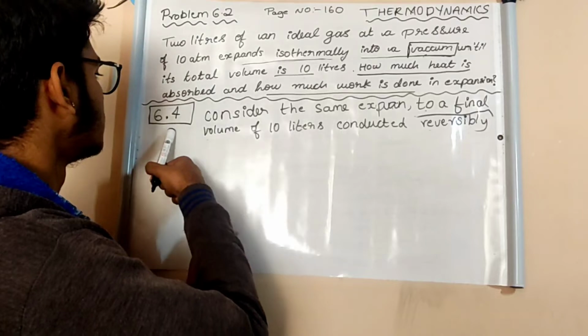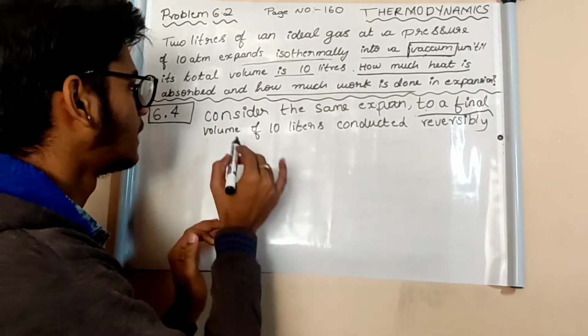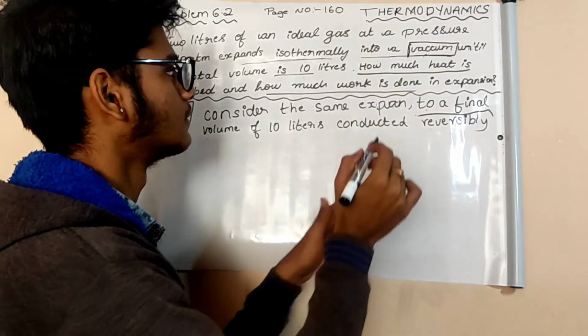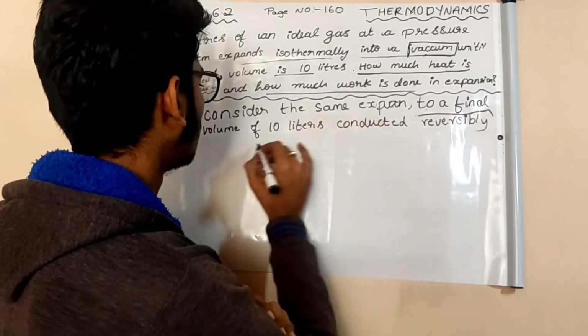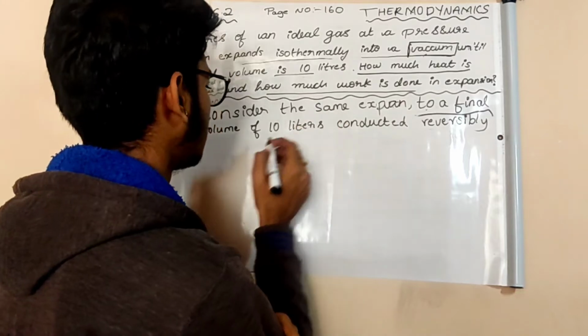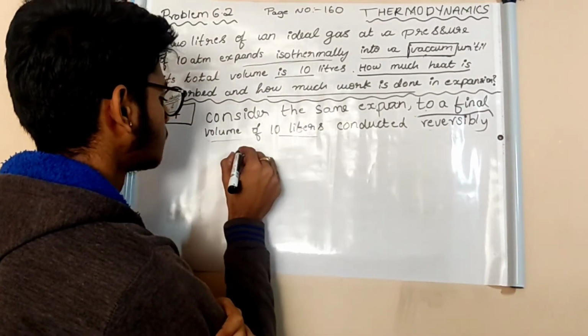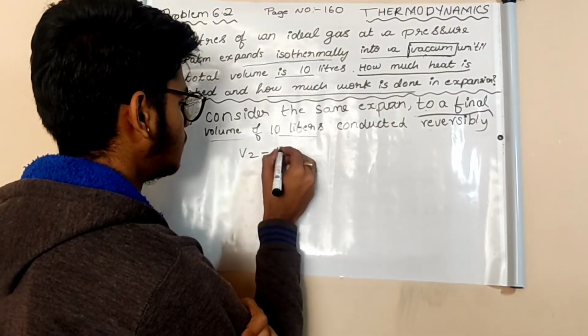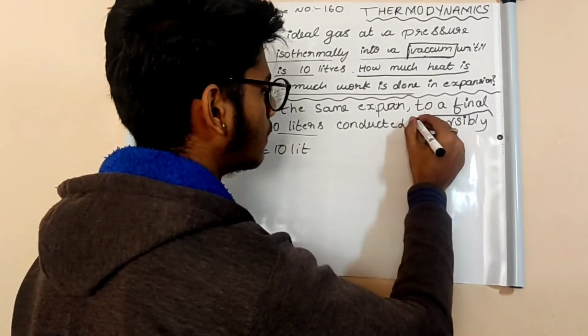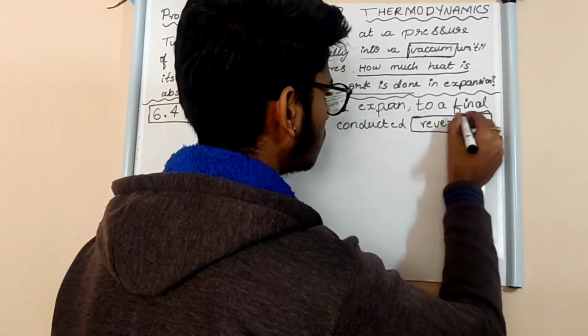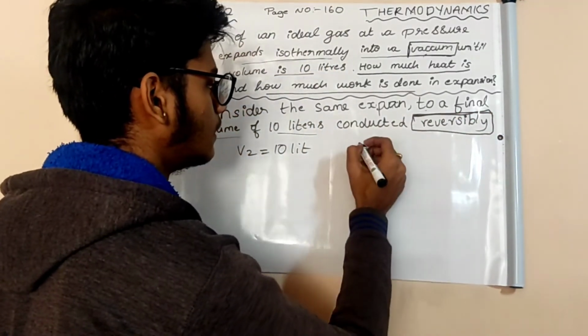So next see this 6.4. The question says: consider the same expansion to a final volume of 10 liter, that is V2, conducted reversibly. See this carefully, reversibly.